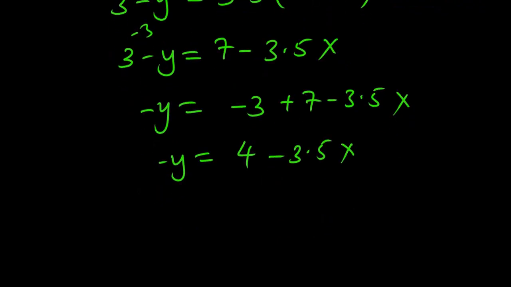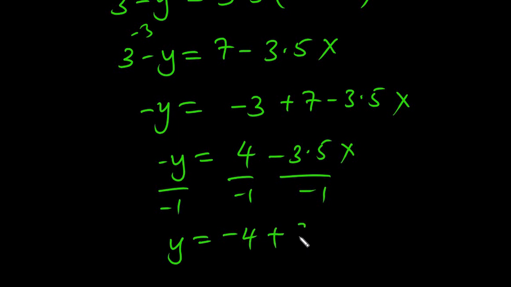So at this point we can divide through by negative 1, so that we remain with y. Remember, we have negative y, so we want to get rid of this negative sign, so we multiply through by negative 1. So this is going to be y is equal to negative 4 plus 3.5x.